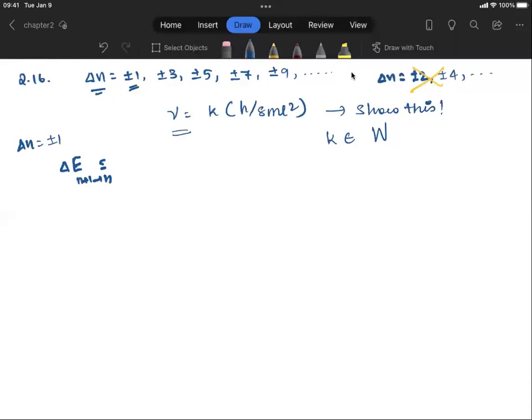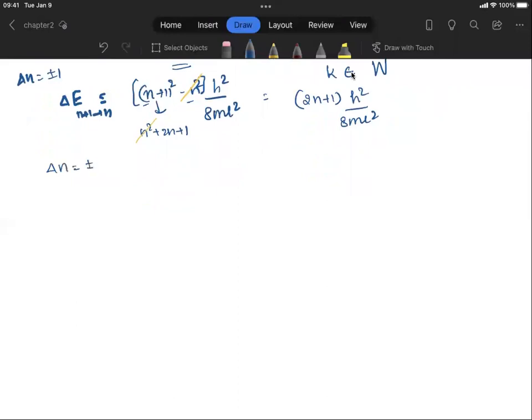We're just considering the case where it's equal to 1. In this case, it's going to be (n plus 1) whole squared minus n squared, times h squared over 8ml squared. I can write this as n squared plus 2n plus 1, so the n squared terms get cancelled, and I can write it as 2n plus 1 times h squared over 8ml squared.